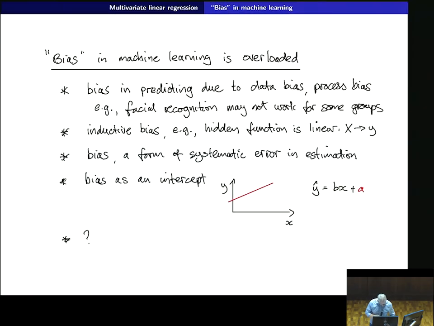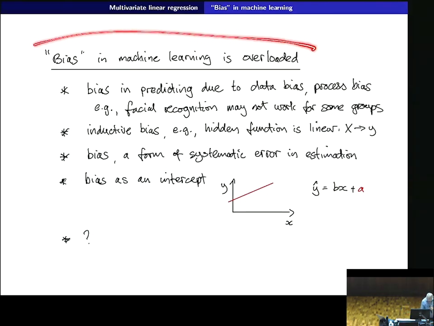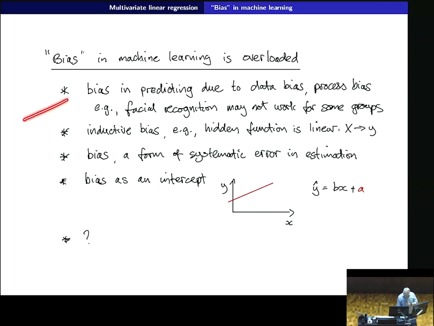Okay, now just a quick note about this word bias. Bias in machine learning is a very overloaded term. It could mean what is a very important thing in the ethics of AI and machine learning, which is bias where in applications data has been collected in a biased way, and therefore if you train something on it and you use the model, that can result in a bias.